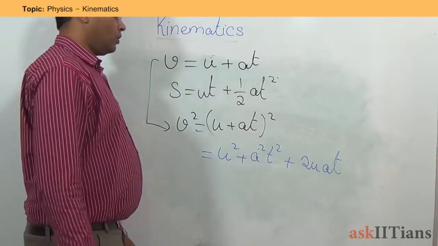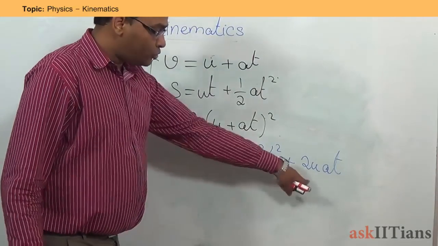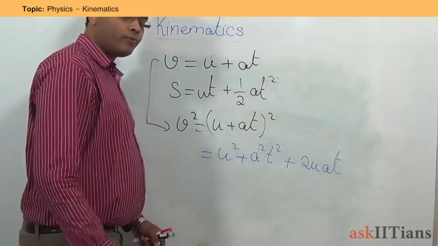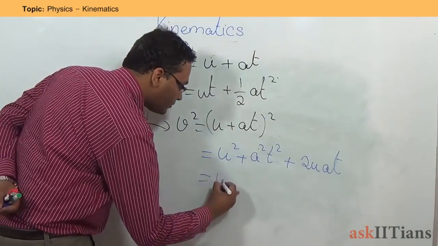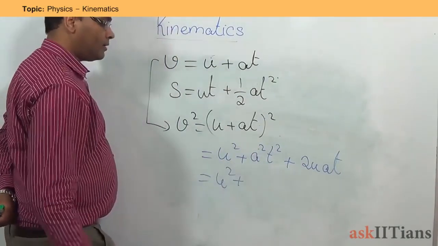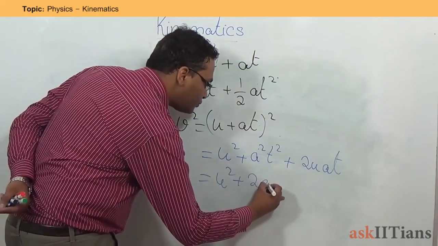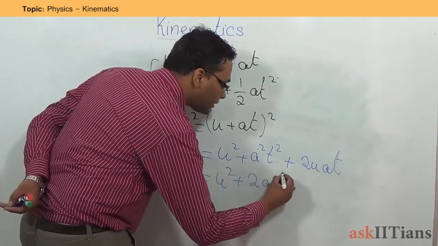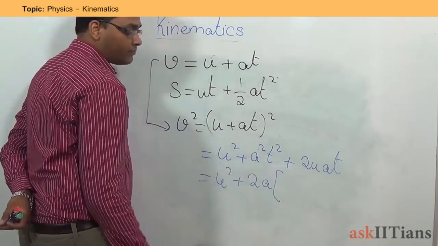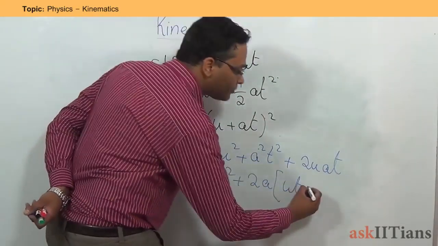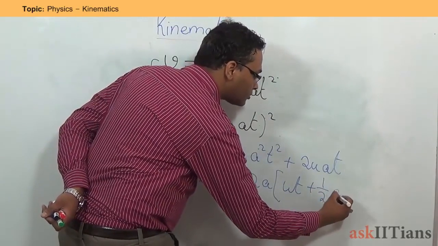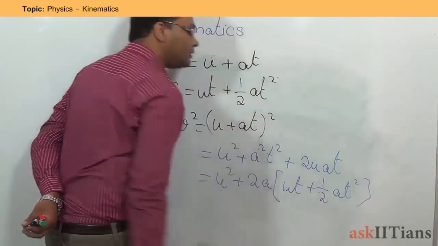Right? Okay. Now from these two terms, let me take off a factor of 2a. So if I take off a factor of 2a, I'll get u square plus 2a. What I am left with, let me write down this term first: I'll get ut, and here I have to have a factor of half, so it's going to be half at square.